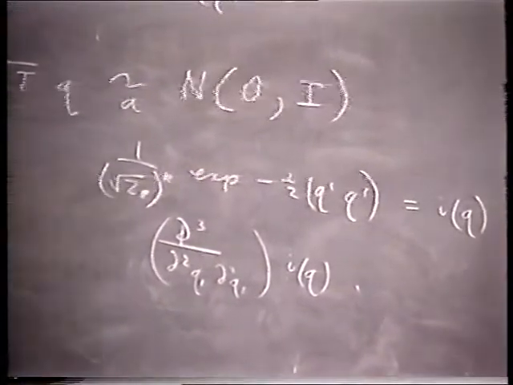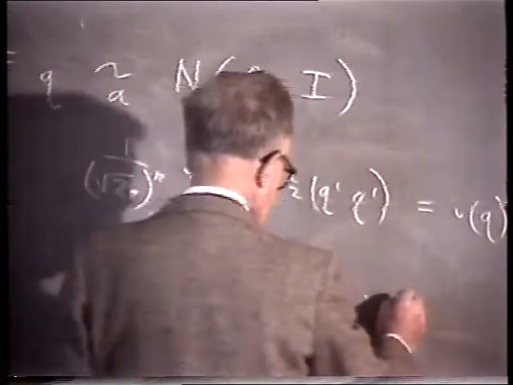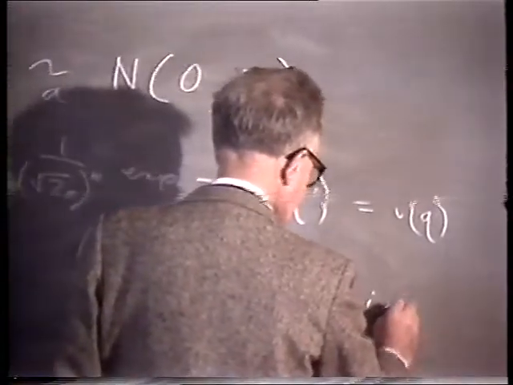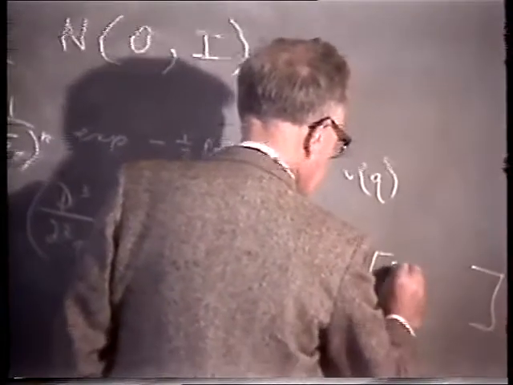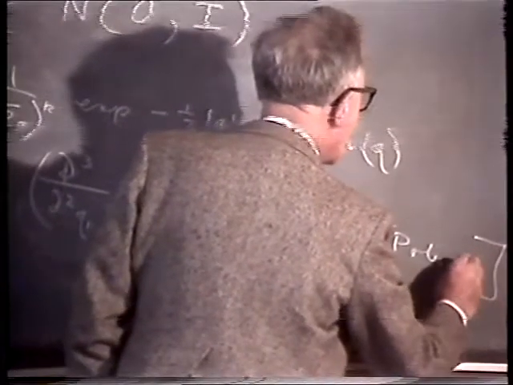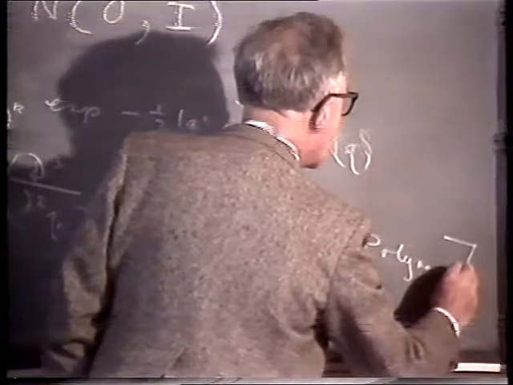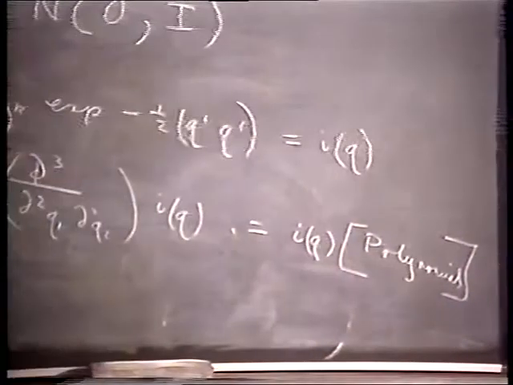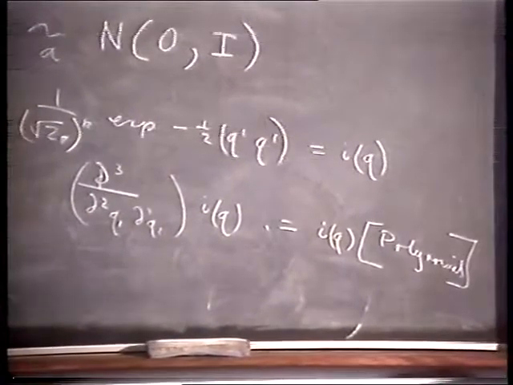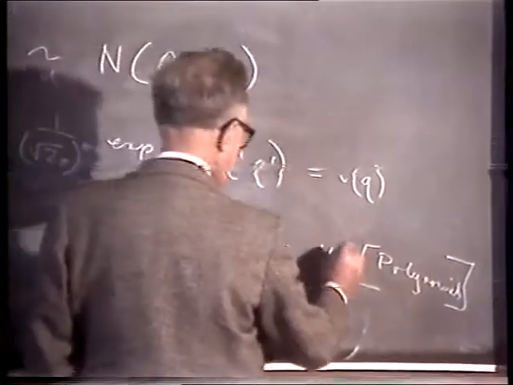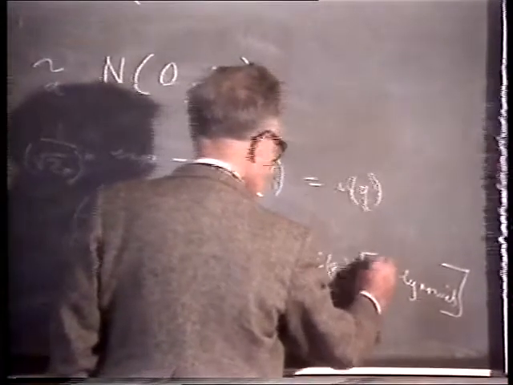And find that these can always be written in the form I of Q times a polynomial, which is a multivariate Hermite polynomial, when you take account of minus 1 to the 3 on the outside.